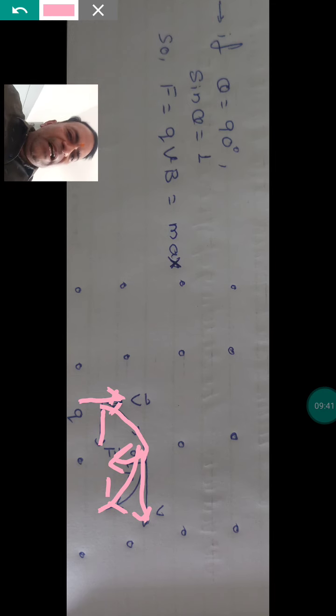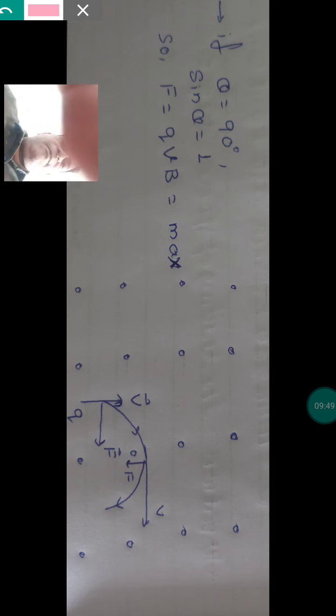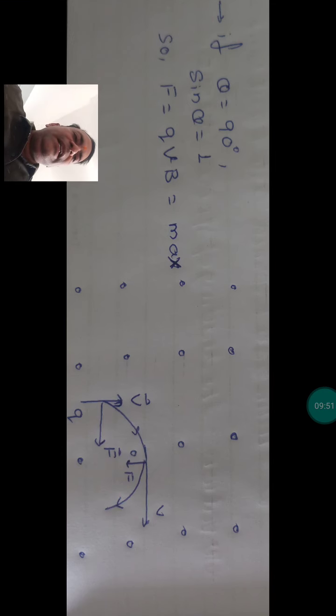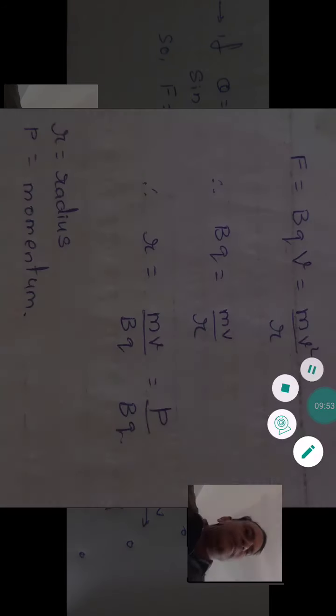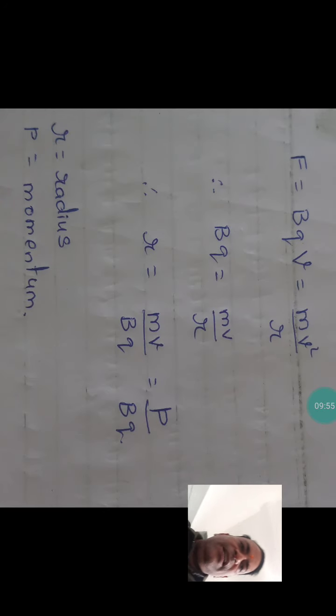So I have just explained when the force is minimum, when the force is maximum, and what is the effect of force. The effect of force is to move the charged particle in a circle. Now coming to the final thing today, if theta is equal to 90 degrees, then what is the force?